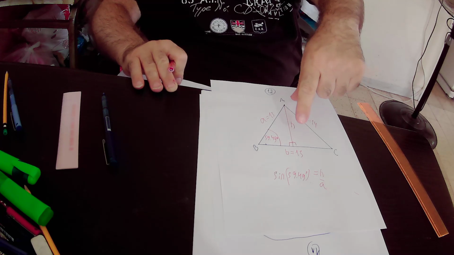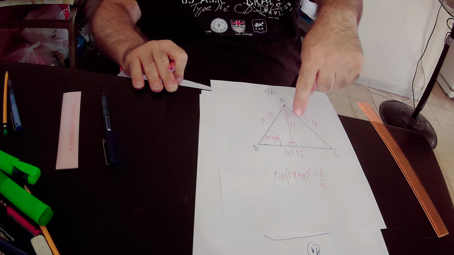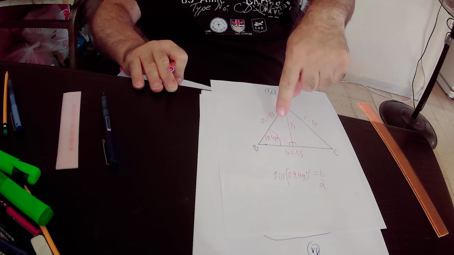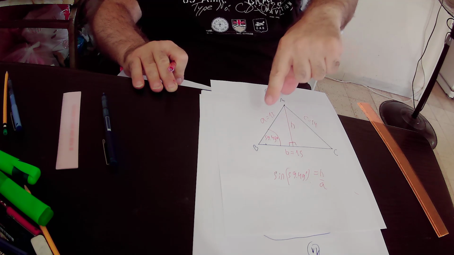So it is h, the side in front of this angle, over the hypotenuse.